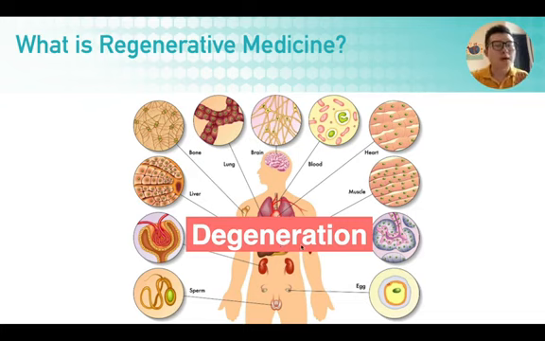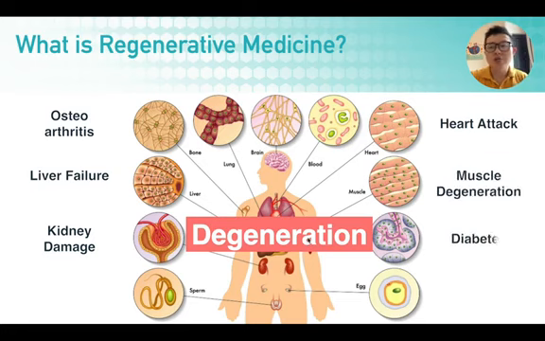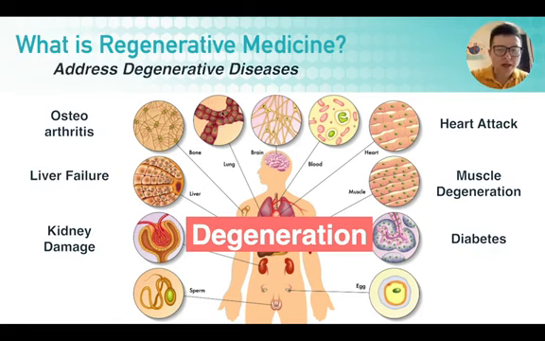If you talk about the common problems we are seeing today, like osteoarthritis, liver failure, kidney damage, heart attack, muscle degeneration, diabetes, isn't it that these diseases are caused by degeneration of the cell? So regenerative medicine is to address all kinds of degenerative diseases.